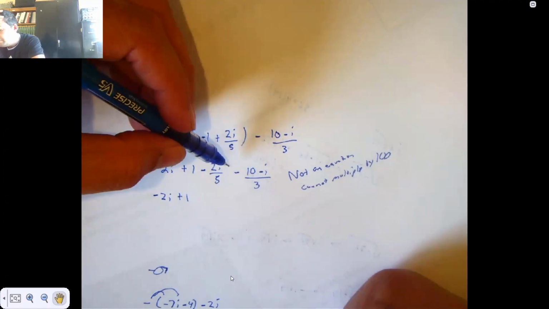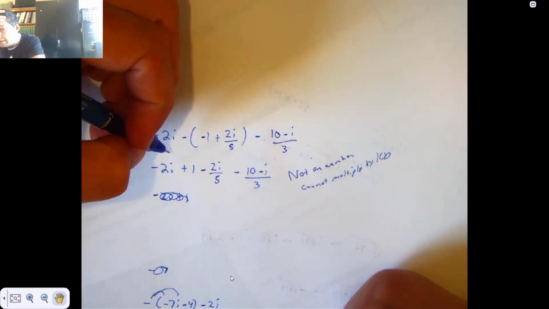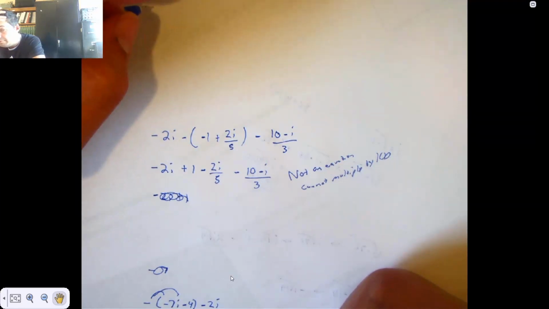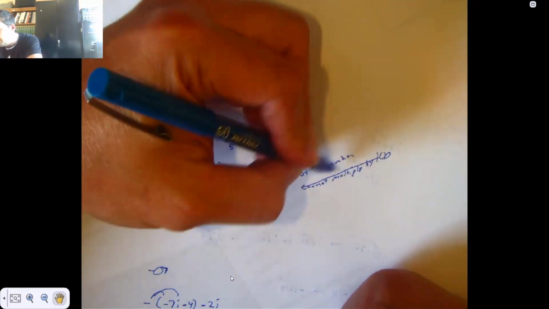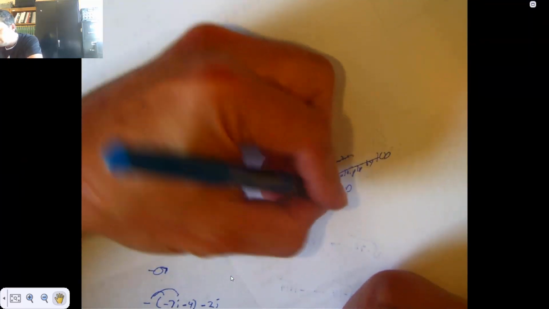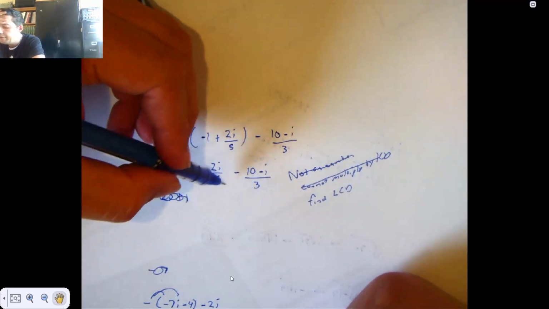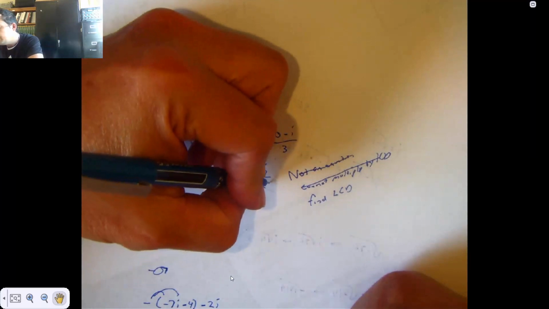Actually, you know what I should do? I said I can't multiply by the LCD. I can and I can't. I am, however, going to find an LCD. The denominators are 3 and 5. What I want to do is turn them into 15s.